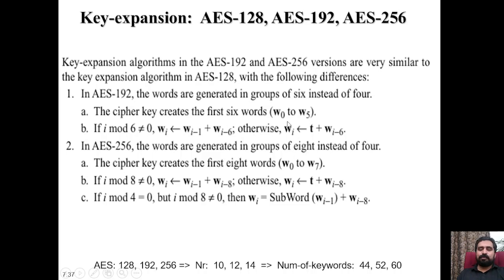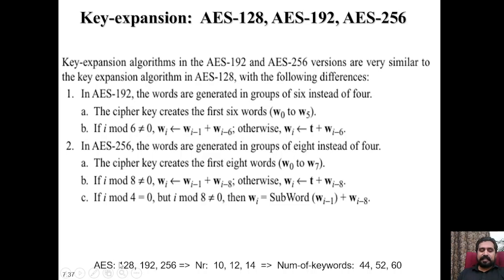We can say that W0 to W5 are used for the pre-round transformation, and similarly on the next rounds. On the other hand, in the AES-256 variant, the words are generated in groups of 8 instead of 4. The cipher key is the first 8 words, W0 to W7, instead of the 4 words used in the pre-round transformation.